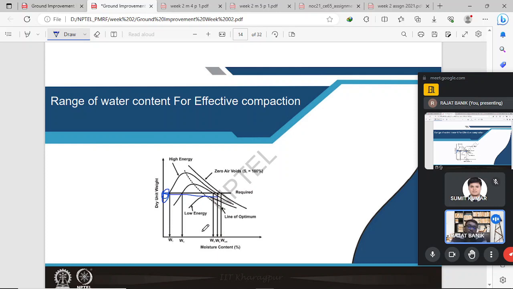But in case of moderate energy, the range is reduced, and further reduces, or sometimes the graph does not cross when the energy is further reduced to low energy. So in low energy, the range is very small, or sometimes negligible. So from this graph, we can easily identify the range of water content which is to be maintained in the field to achieve our targeted dry density.